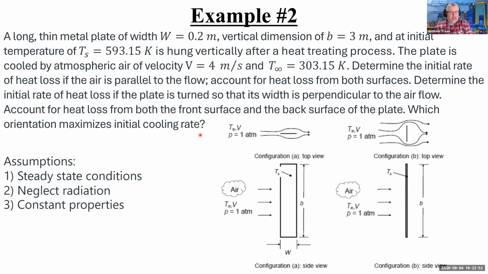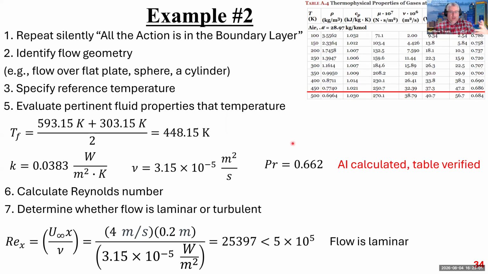I want to mention a subtlety here, which is we're asked to determine the initial rate of heat loss, right? So this could become a very ugly transient problem. That word initial signals that all we care about is the heat transfer at the initial time when the plate is initially exposed to 303.15 Kelvin. So do not feel the need to jump into Biot numbers and Fourier numbers and all that insanity from chapter 5.